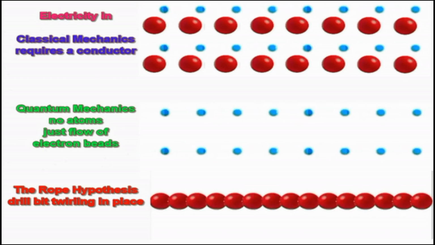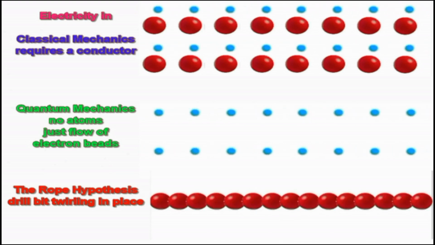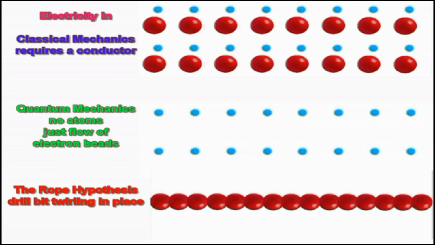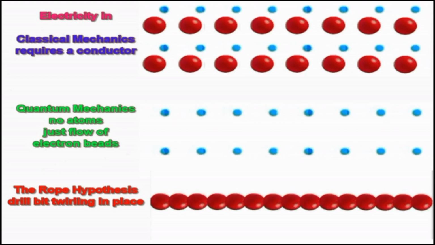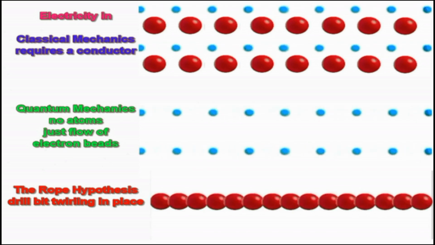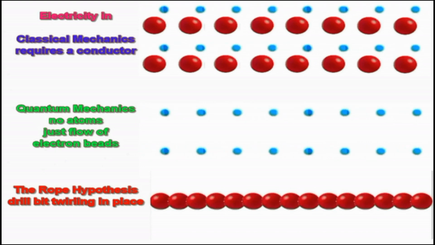He would say, well, yeah, then electricity is the flow of electron beads from atom to atom. What quantum did was get rid of the atom altogether. They don't use atoms anymore. They just flow electron beads. So when they talk about electricity going from cathode to anode, they talk about electron beads, little balls going from one to the other, as if you have nothing in between.